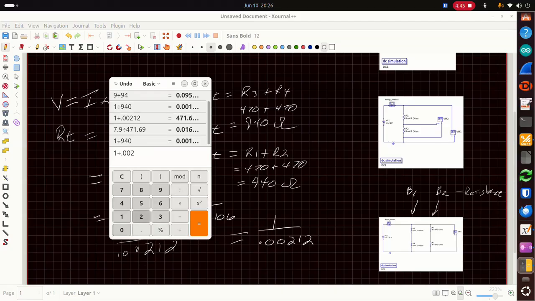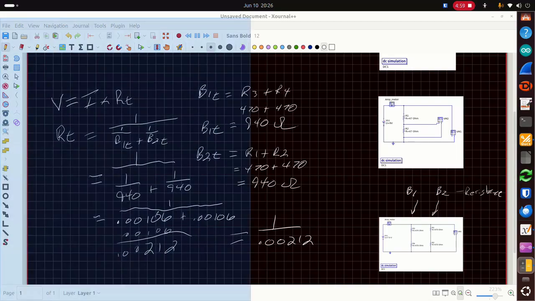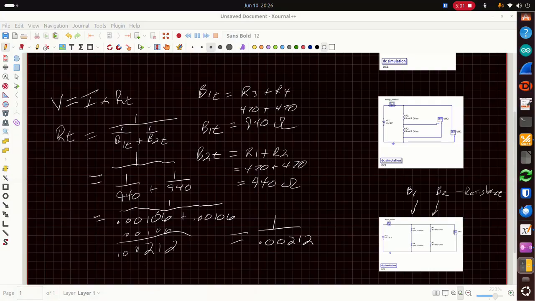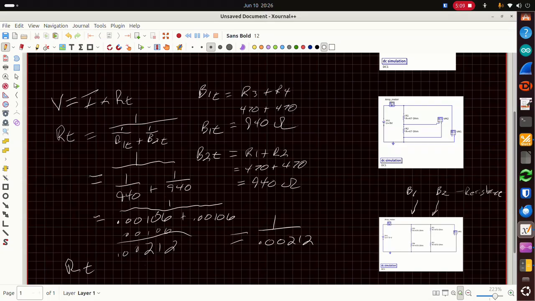And clear it, and 1 divided by 0.00212 equals 471.69. So RT equals 471.69 ohms.